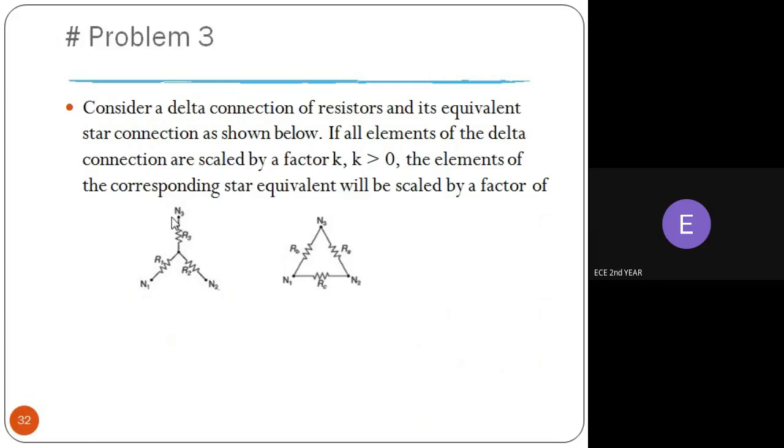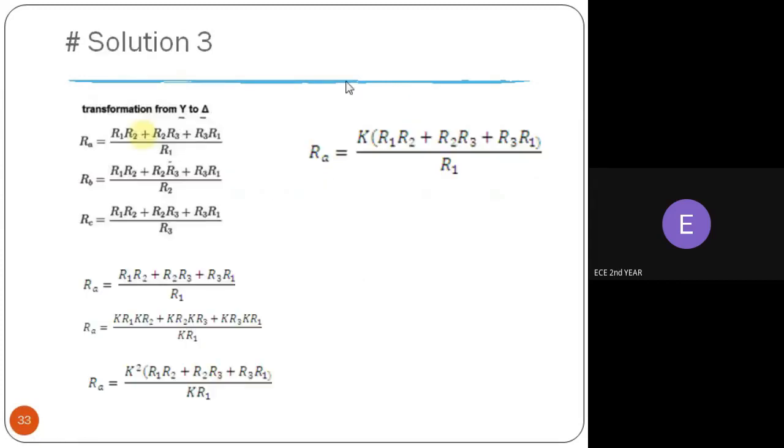What will happen to the delta connection's resistances? The formula is RA equal to R1 into R2 plus R2 into R3 plus R3 into R1, divided by R1. We'll consider only the resistance RA, which is scaled by the factor K. Each and every resistance is scaled by the factor K.